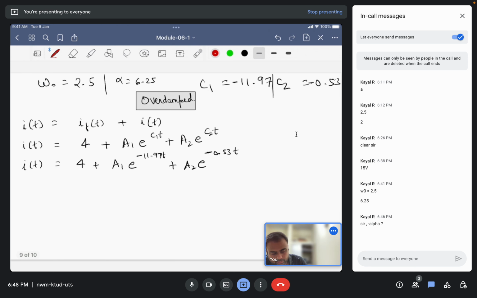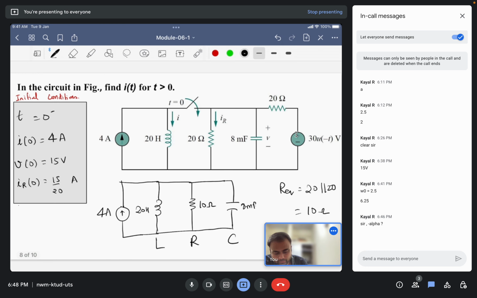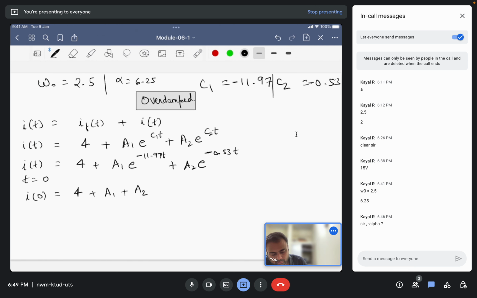So let us put t equals 0. I of 0 will become 4 plus A1 plus A2. Okay, and I0 is given as 4 amperes. So 4 is equal to 4 plus A1 plus A2, 4 getting cancelled. This will become A1 is equal to minus A2.